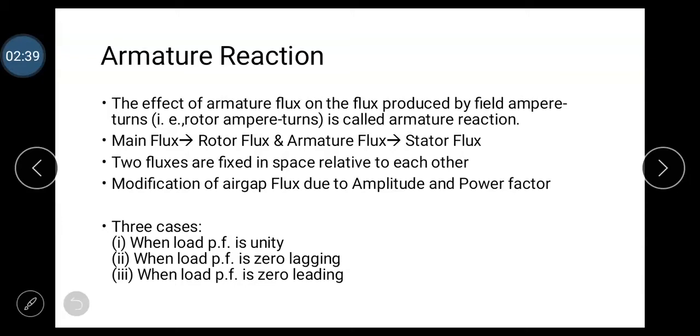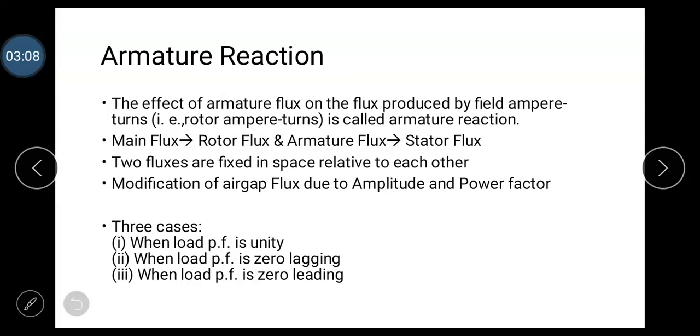The effect of armature flux depends not only on the magnitude of the current, but also on the nature of the power factor. Because the alternator is feeding power to external loads, the current flows outward, and the loads may be of any kind: resistive, inductive or capacitive.